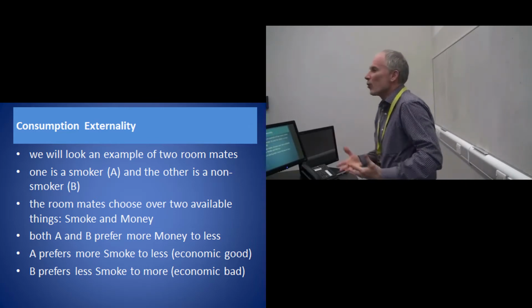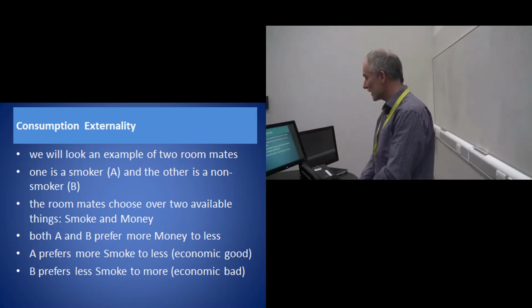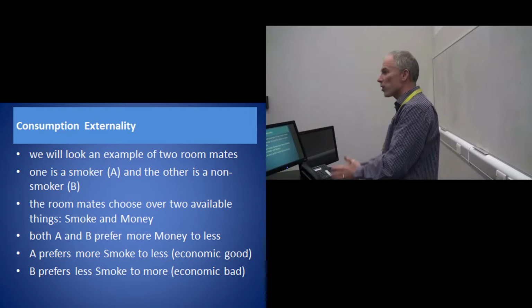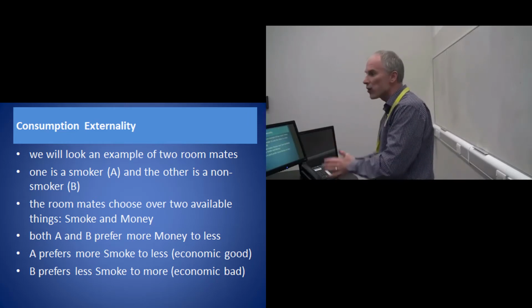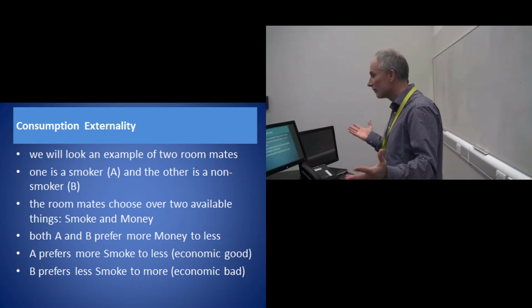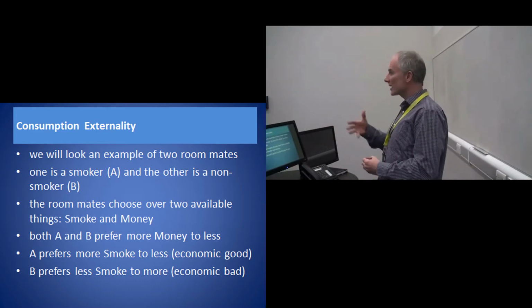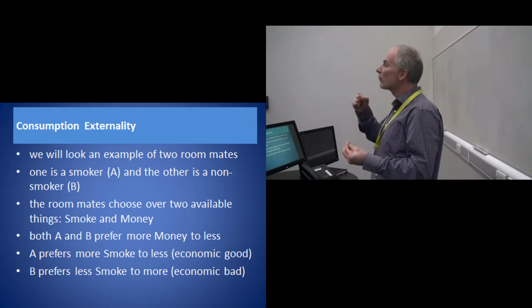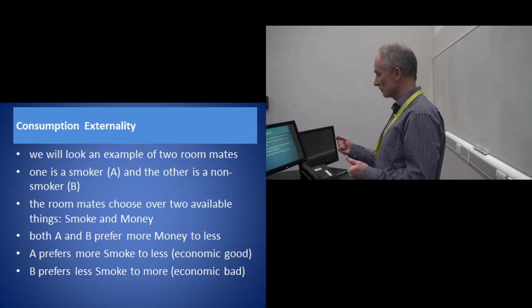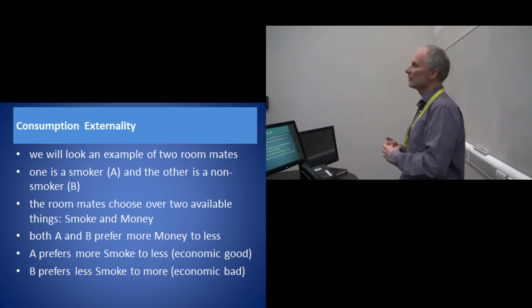It's pretty obvious we all like more money. So both person A and person B prefer more money to less money. In that regard, money for both of our roommates is an economic good. More is preferred to less. So money is absolutely no problem, absolutely no ambiguity.